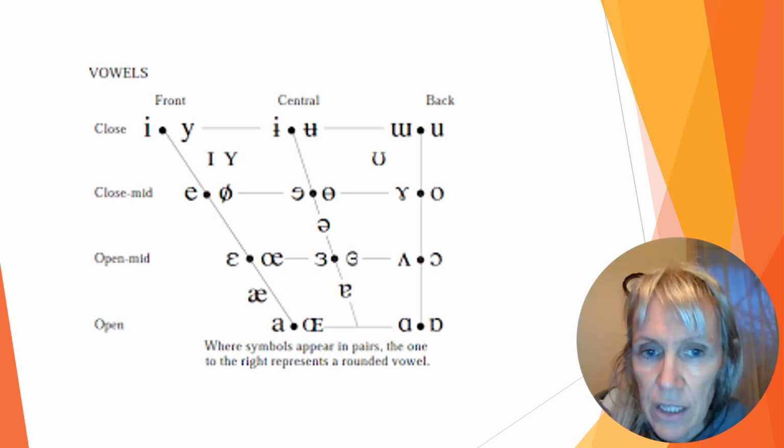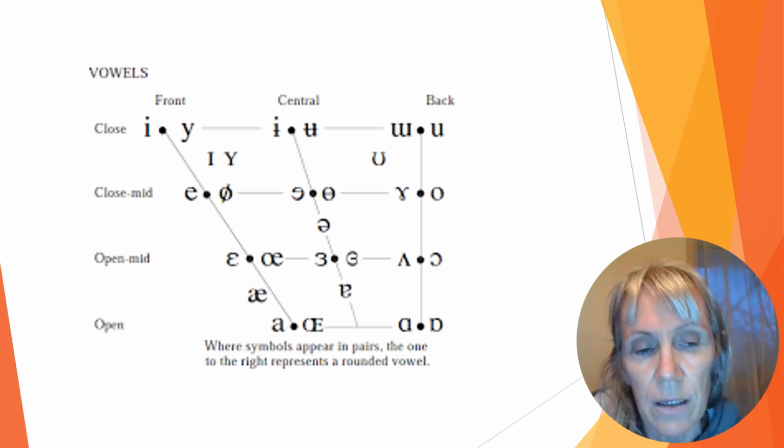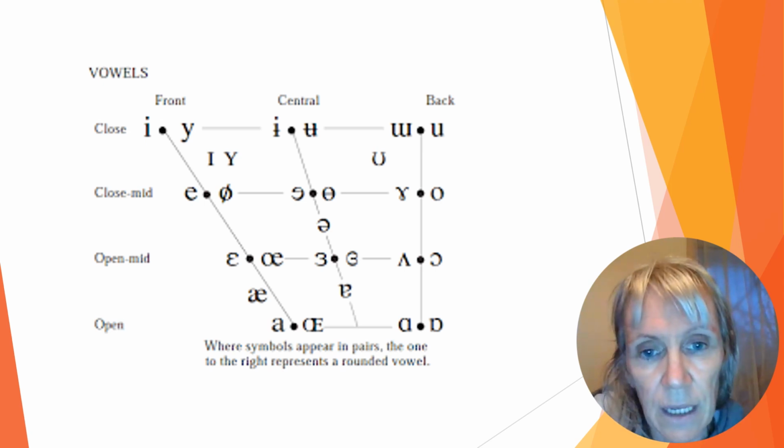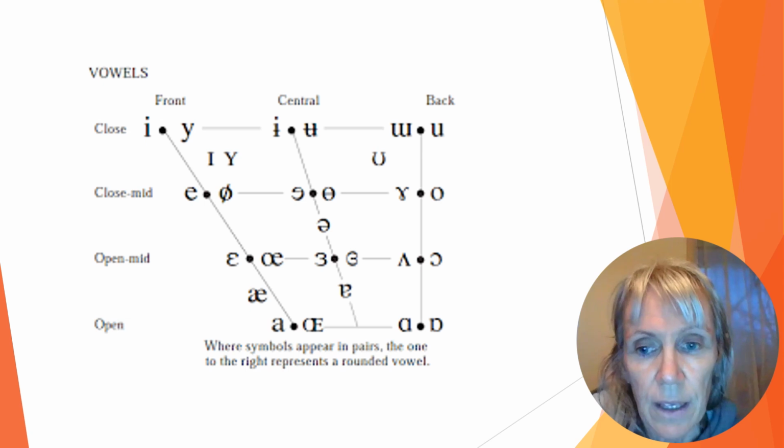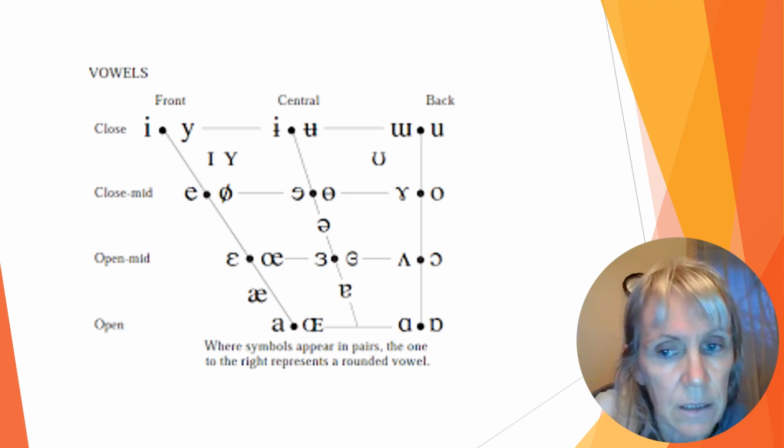We will not use that OE looking symbol, and when we get to along the open mid line, we will use that upside down V, which is our short U sound, and then we'll see the C, which usually refers to our controlled vowel, and we'll get in more detail than that.